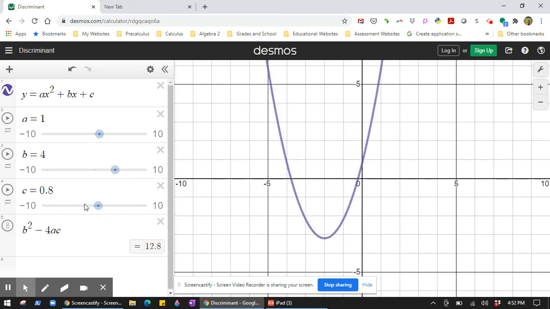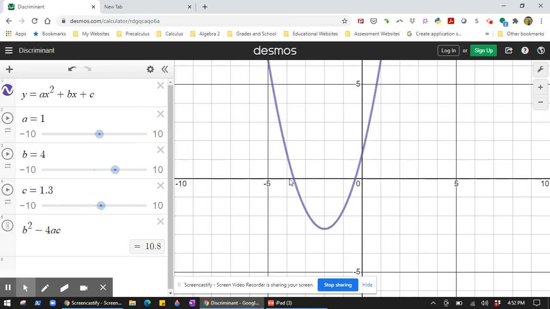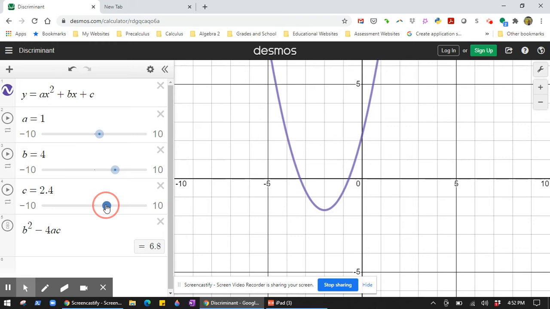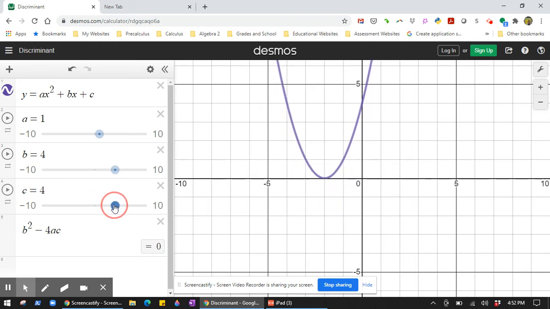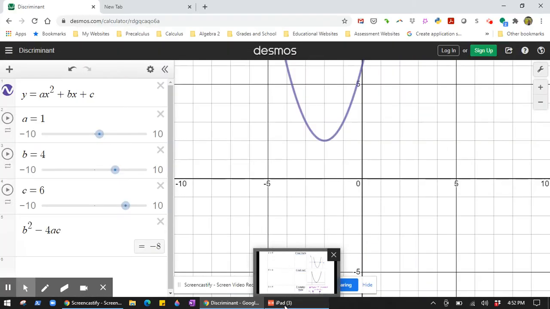I'm just changing the c value, but in general, whenever my discriminant is positive, it's going to yield a parabola that intersects the x-axis twice. If my discriminant is 0, as we see here, it intersects just once. And if it's negative, well, it doesn't intersect at all. So hopefully that visual helped you to sort the three possibilities.